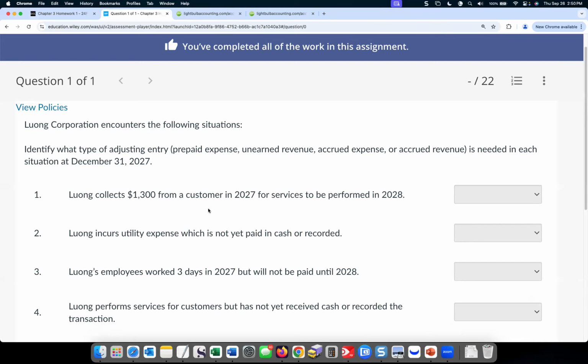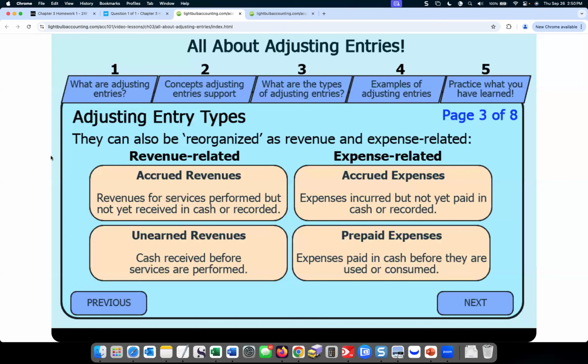All right. Remember, we're going to practice this little technique. Luong collects $1,300 from a customer in 2027 for services to be performed in 2008. Is this revenue related or expense related? It is revenue. Now we're down to accrued revenues or an unearned revenue situation. Which one would it be? It'd be unearned, right? We're receiving money up front.